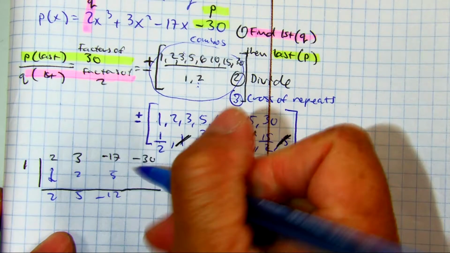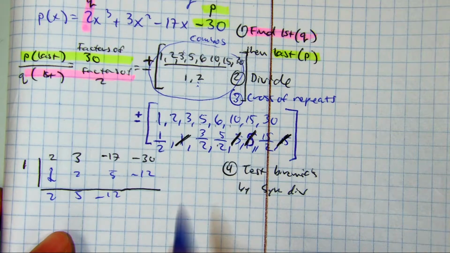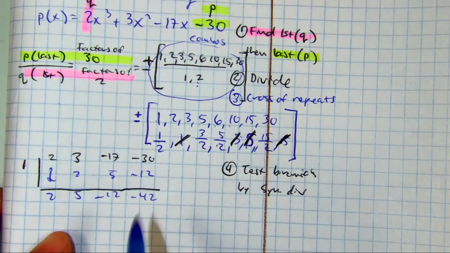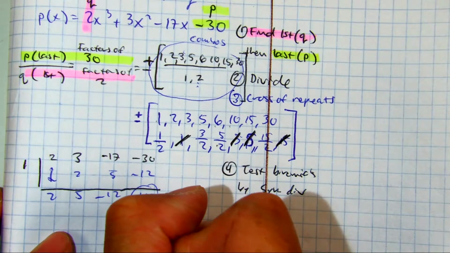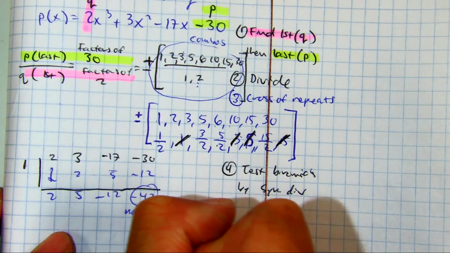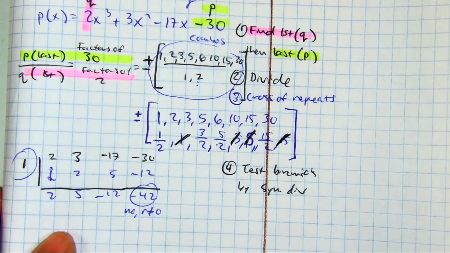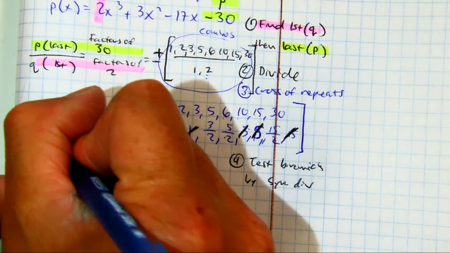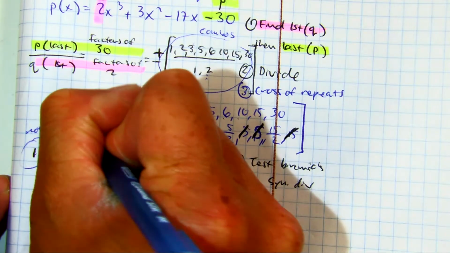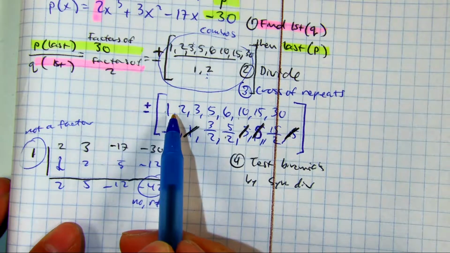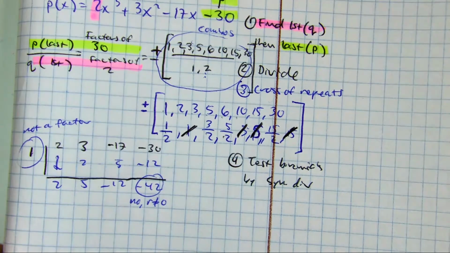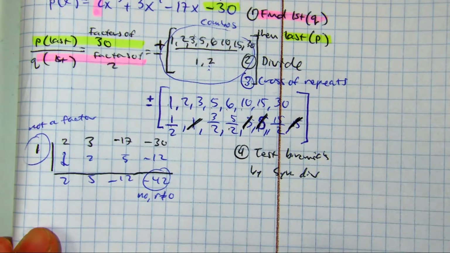You can kind of see the writing on the wall. Class, is that equal to 0? Okay. So no, remainder is not equal to 0. What does this mean? Not a factor. What does that mean? Positive 1 didn't work. Okay, now we got to test what?